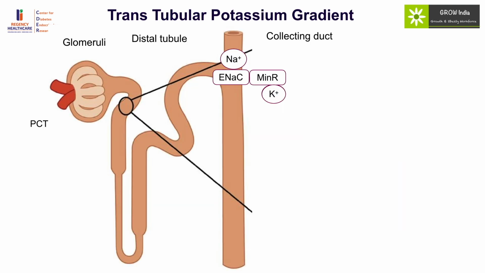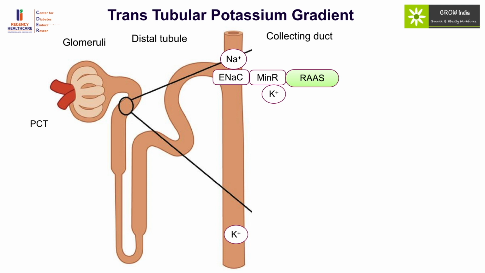One test which has been considered a reasonably reliable marker of the mineralocorticoid effect on renal potassium excretion is the transtubular potassium gradient. The basic principle is that the RAAS system is the major determinant of potassium excretion, and most potassium found in the urine is actually derived from the effect of RAAS in the collecting duct.